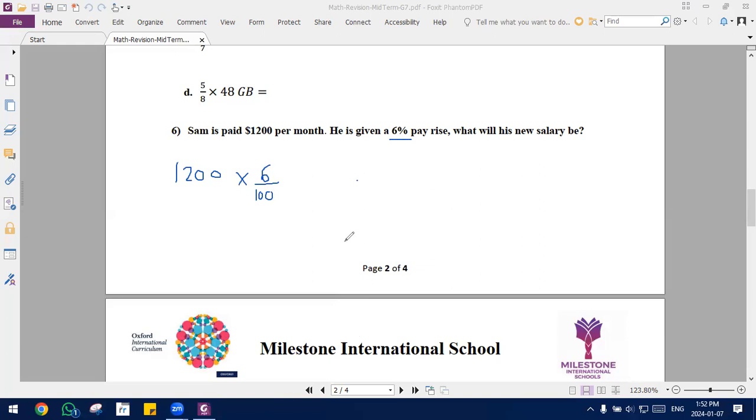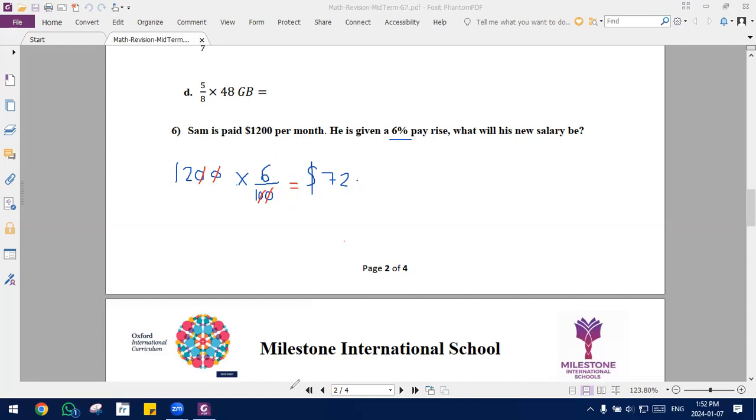Now we need to simplify. So we can remove these two zeros from here, and we remove these from here. So now we have only 12 times 6. 6 times 2 is 12, we carry 1, 6 times 1 is 6 and 1 is 7. So this is $72. Is it his new salary? Of course not. His salary was 1,200 and we have a rise on the salary, so it should be more than that.